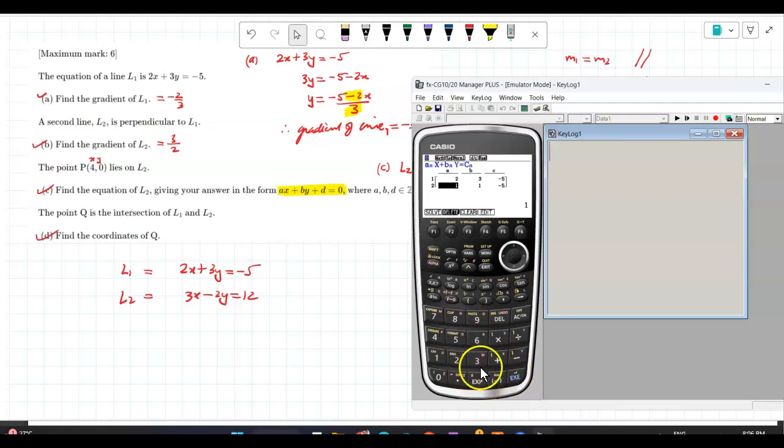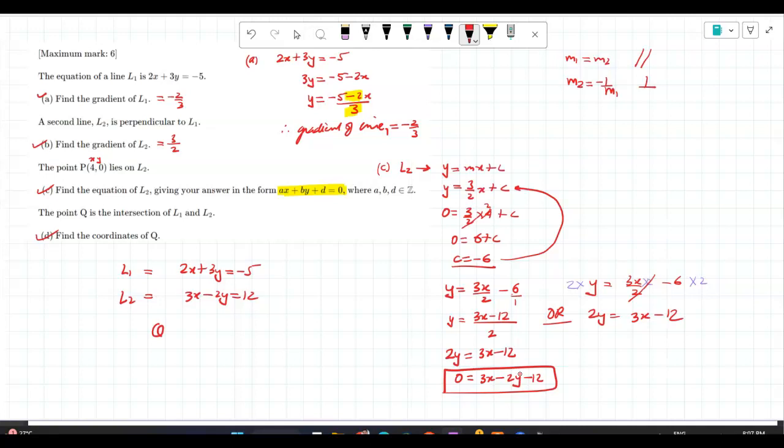Then 3, minus 2, 12. So 2 and minus 3. So 2 and minus 3 are the coordinates of Q.